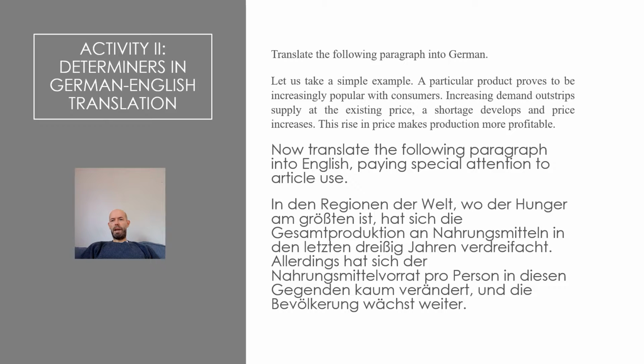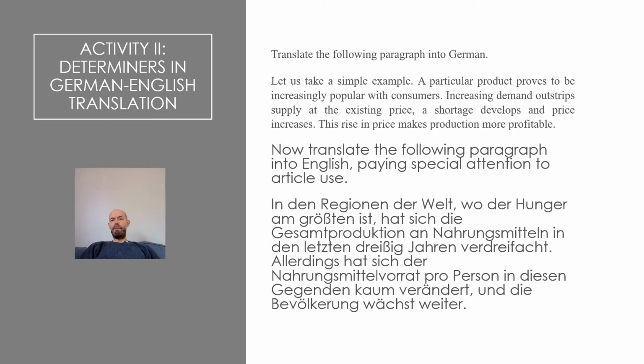So we have increasing demand, but in German, of course, we need to say die wachsende Nachfrage. Outstrips supply, übersteigt das Angebot. So again, in German, we have to use the definite article. At the existing price, zum bestehenden Preis.